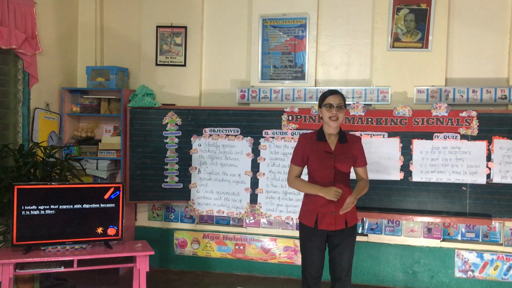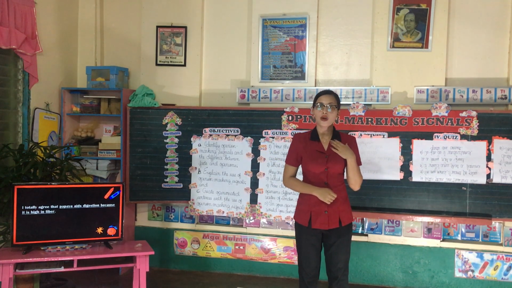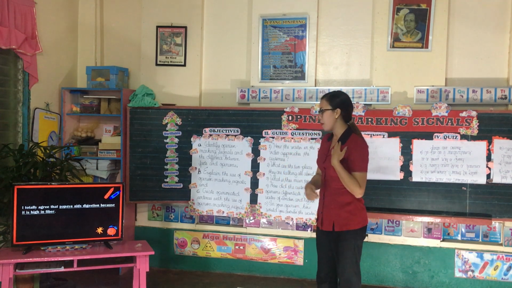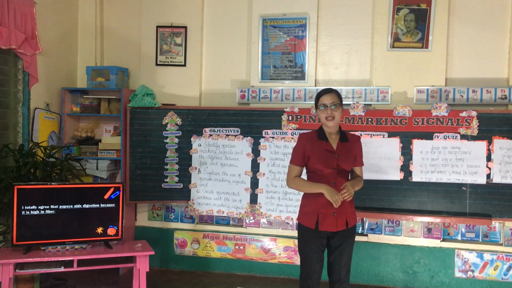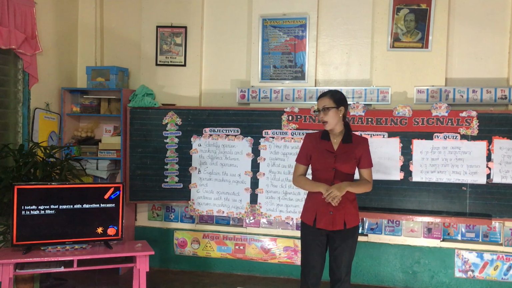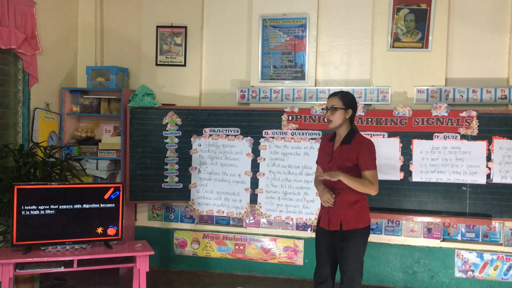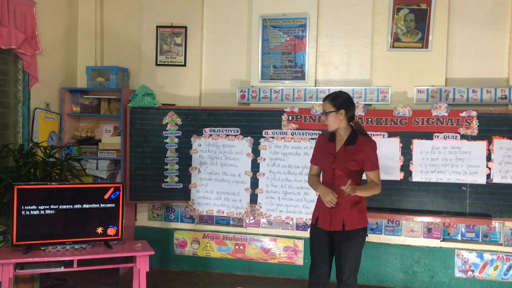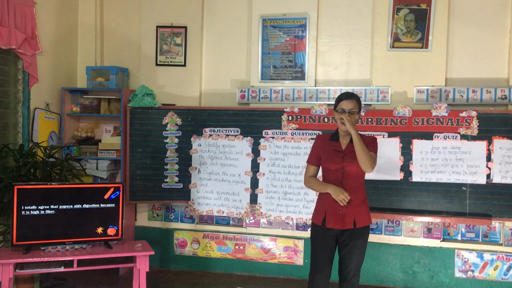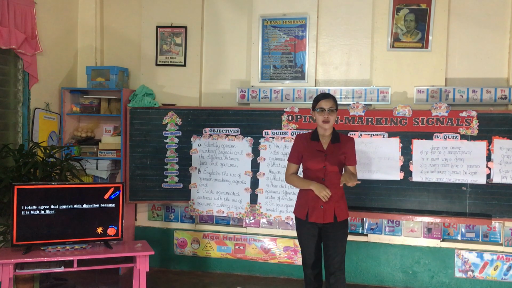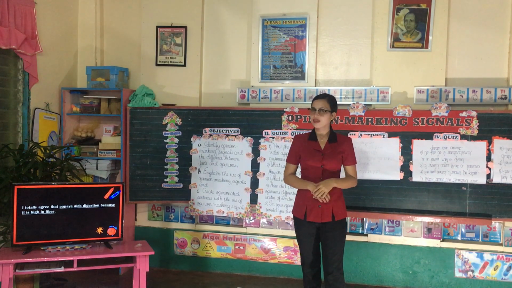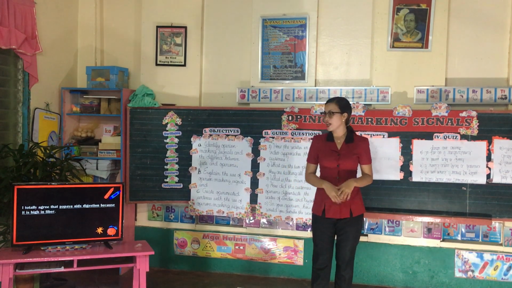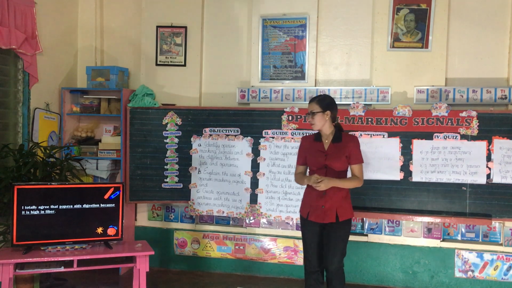It simply means that he or she is the only one who agrees that papaya aids digestion because it is high in fiber. But if it doesn't have the introductory words I totally agree, this is a fact statement. Okay, did you understand my point? Excellent. Okay, so I have here a second example.